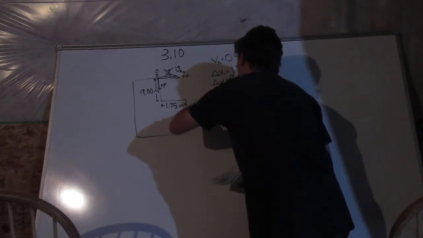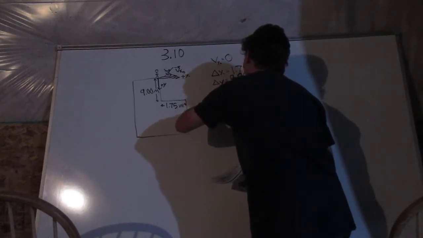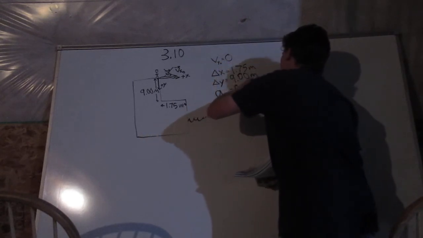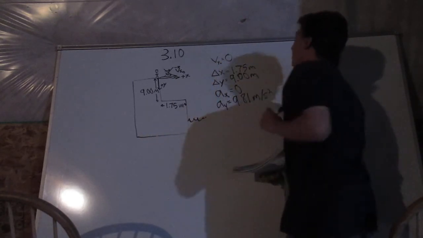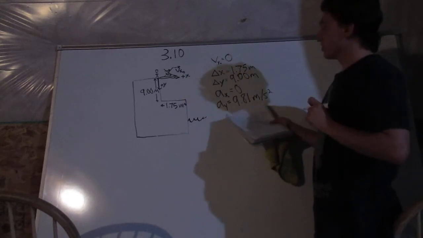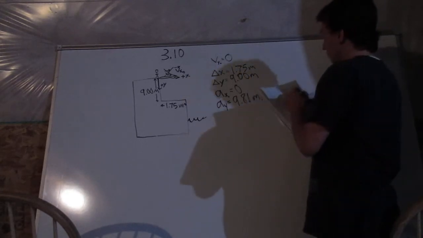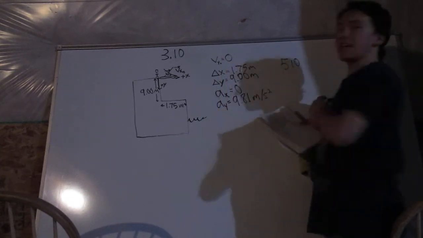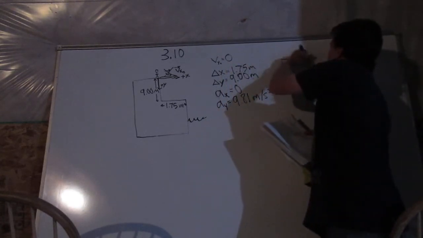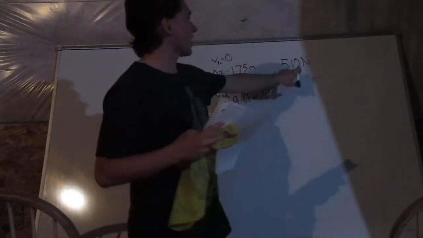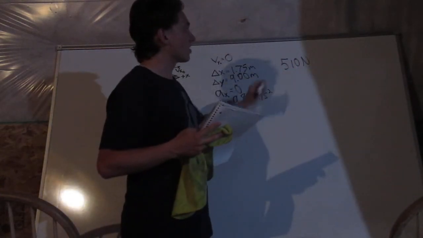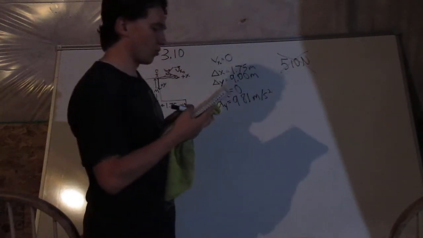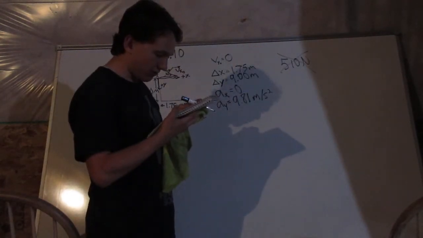So the acceleration in the y direction is going to be 9.81 meters per second squared. Now they actually tell us the weight of our diver, that it's a 510 Newton diver. That's something important, but really we're not going to use that. That doesn't actually matter. I wonder if they're just doing that to throw us off.